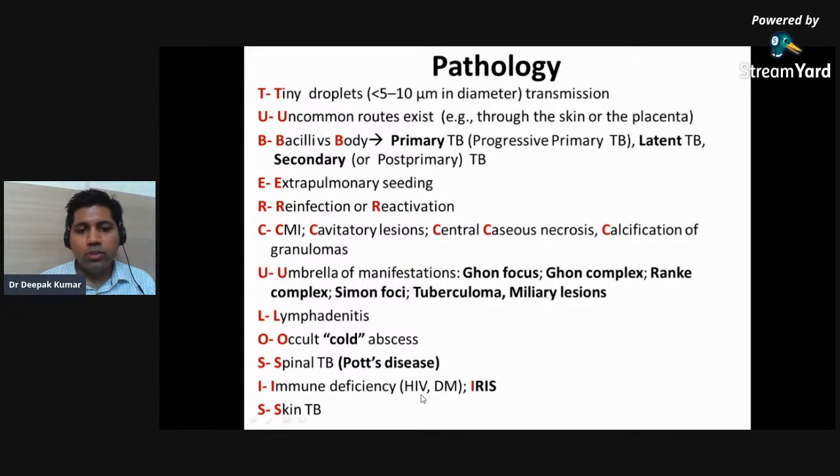Though we have too much stigma attached to HIV, diabetes is also an equal risk factor for tuberculosis. Patients with HIV and patients with diabetes are both at equal risk of acquiring tuberculosis infection and manifesting the symptoms. So both of them are clinically at an equal spectrum.